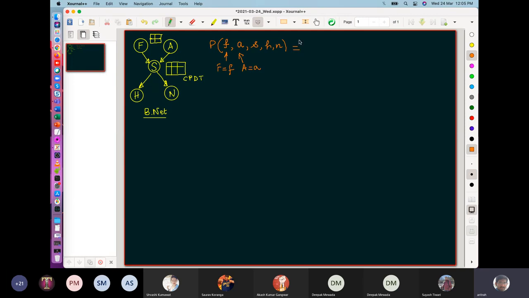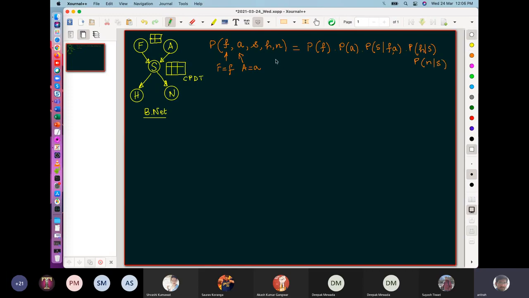And as you know, if you are given the Bayesian net structure, you can easily decompose it by a simple formula with respect to the conditional dependence, that S is dependent on F and A, probability of H given S into probability of N given S.